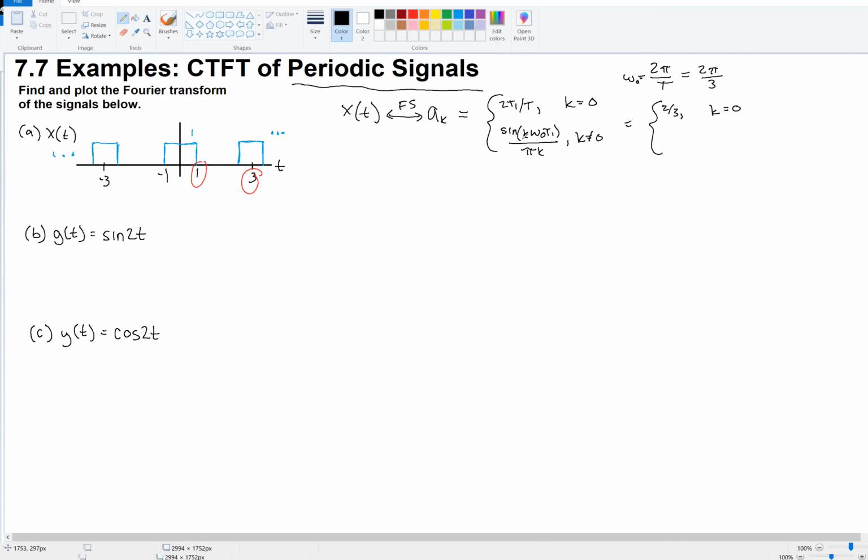And then the sine of k omega 0 T1, well, omega 0 is 2 pi over 3, and T1 is 1, so we would have sine of k 2 pi over 3 over pi k when k is not equal to 0.